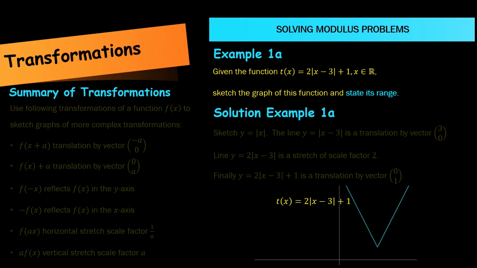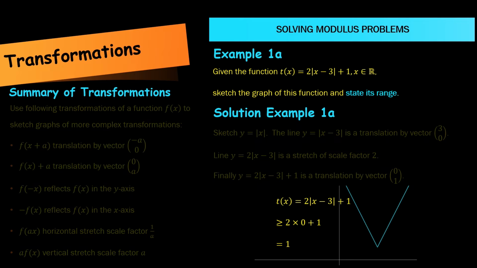We are now going to take a look at the range. Now t of x equals 2 mod x minus 3 plus 1 is greater than or equal to 2 times 0 plus 1. This is because the smallest value that mod x minus 3 or any modulus function can take is 0.